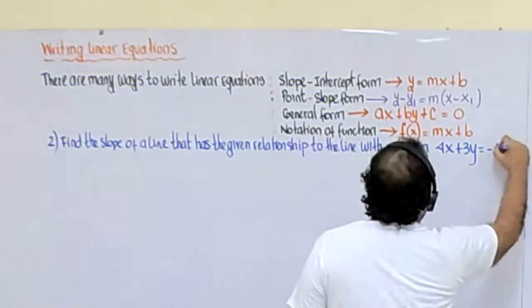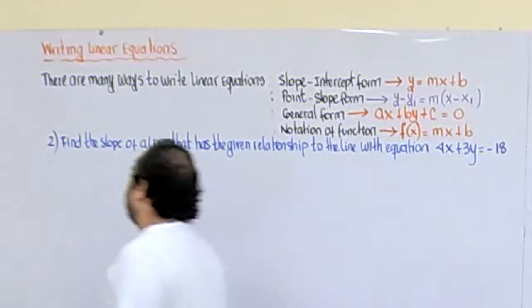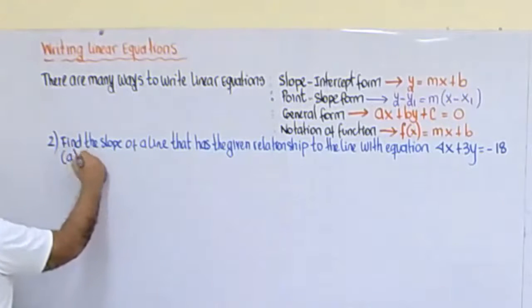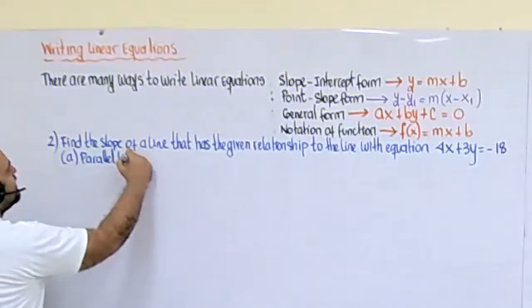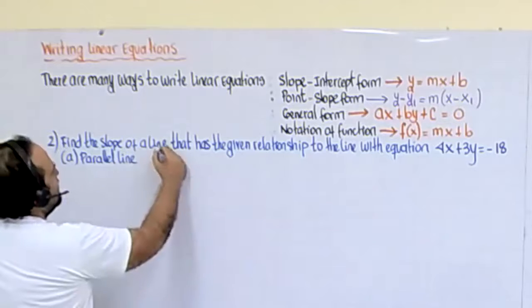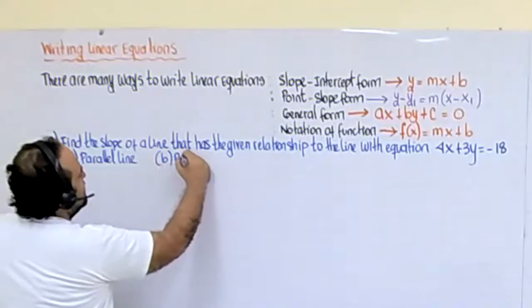And what will be that relationship? Letter A, when we're talking about a parallel line, and letter B, when we're talking about a perpendicular line.